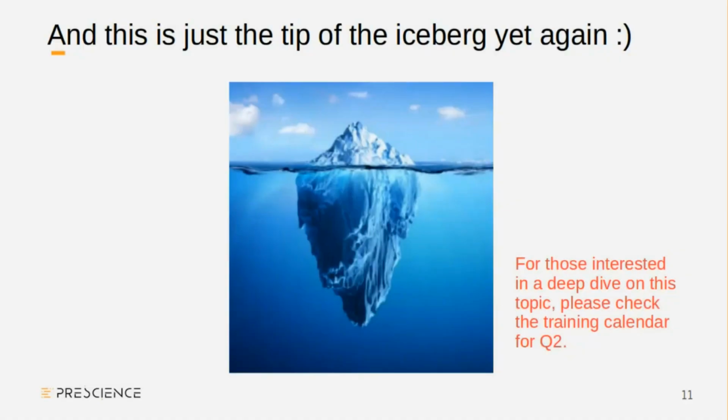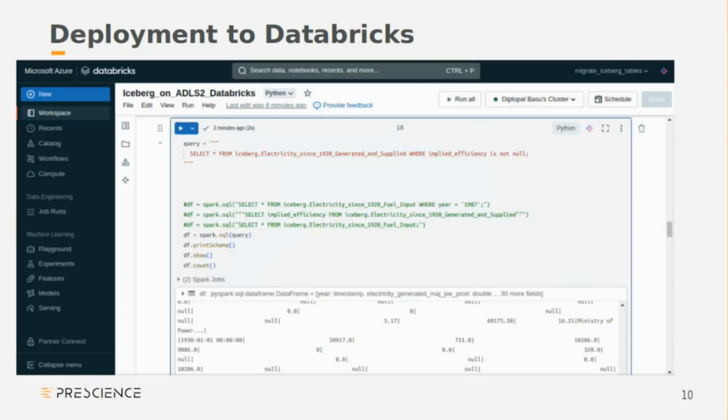This is just the tip of the iceberg yet again, because there is a session that I'll be having where we'll do a deep dive into this migration and look at how it was done. We will look at the code, create the cluster, and also go through some wrong paths.